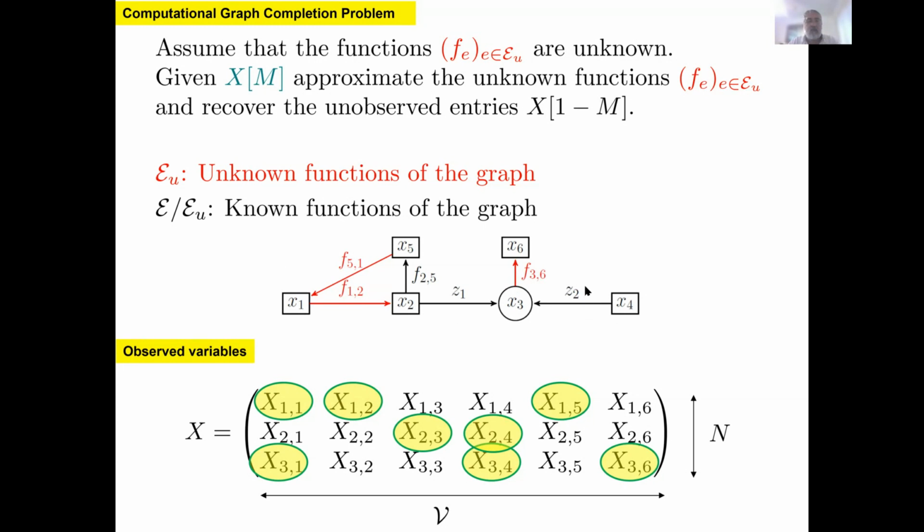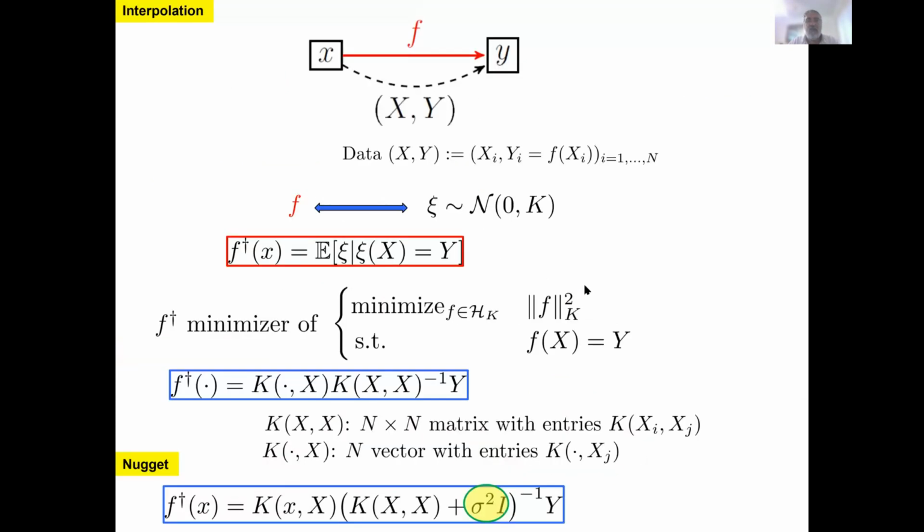Now, to describe this general solution, I will first set notations by considering a simple interpolation problem in which you try to approximate an unknown function f, mapping some variable x to some variable y, given the data f of xi equals yi for i going from 1 to n. Now, we will represent this data as a dashed arrow between the variable x and the variable y.